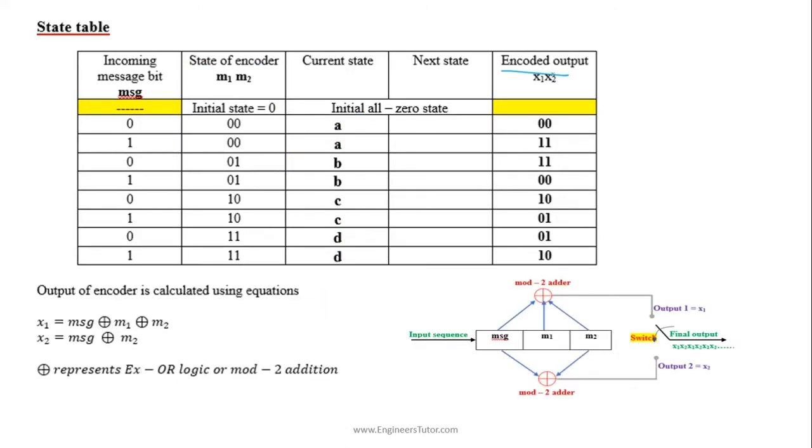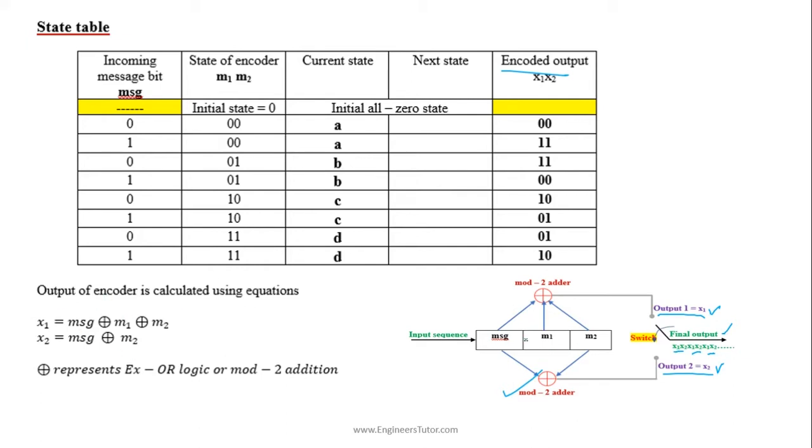Now find the output of the encoder. It is the given encoder and it has 2 outputs. Output 1 we represent as x1, output 2 as x2, and the final output is represented by x1 x2, x1 x2, x1 x2, and so on, because this switch moves between output 1 and output 2 to produce the final output.